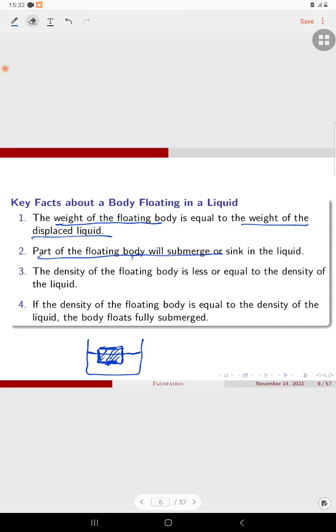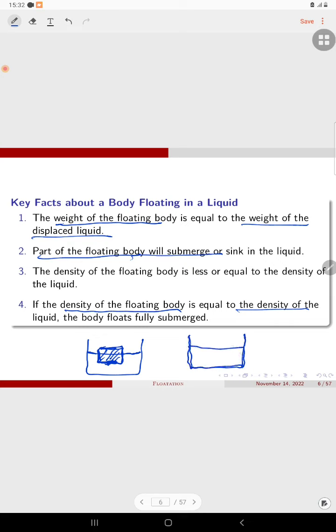So how about if the density of the floating body is equal to the density of the liquid? Point 4 is saying that if the density of the floating body is equal to the density of the liquid, then the object will be fully submerged. I think we have been seeing this in our everyday life. Sometimes you put ice in water and you realize that the body will be fully submerged.